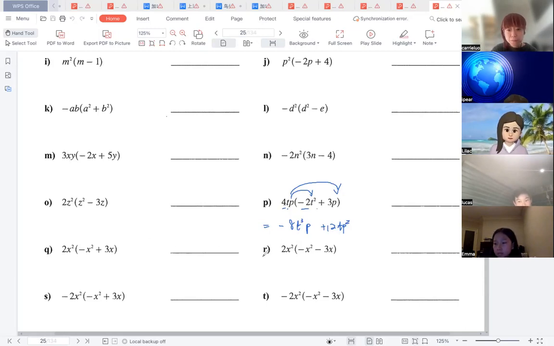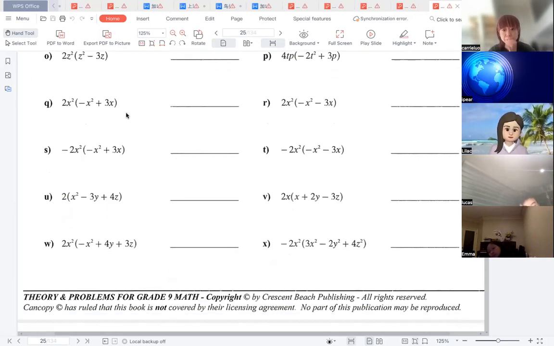Okay, next one. So understand everybody, when you have more than 2 variables, this is how you're going to do it. Okay.